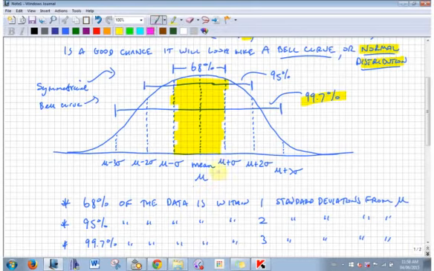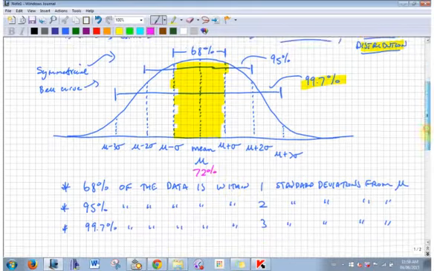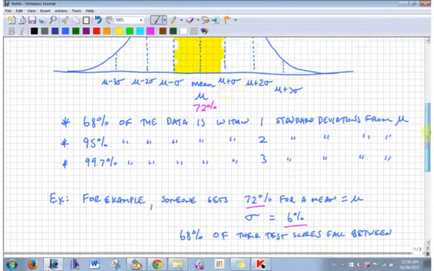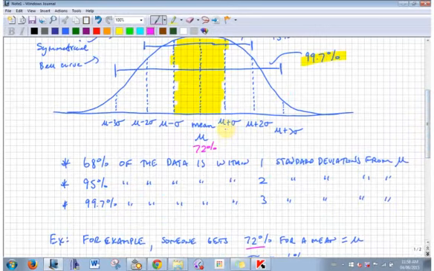For this question, someone got a mean of 72%. Their standard deviation was 6%. So mu plus standard deviation, what's 72 and 6? What is 72 minus 6?